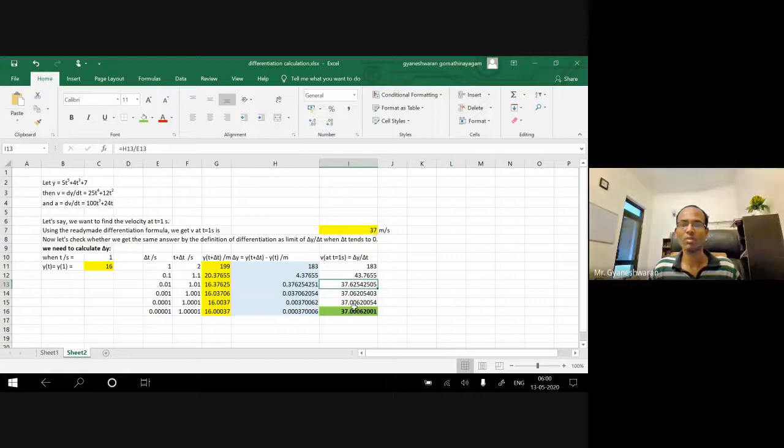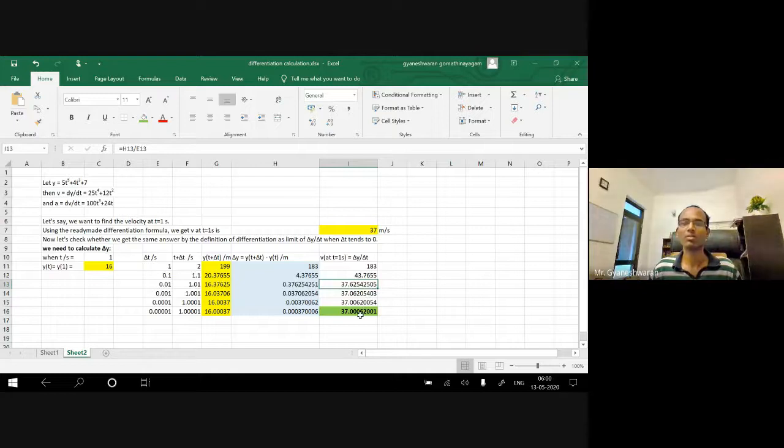It improves by one order of magnitude, a power of 10, every time. So if delta t approaches 10 to the power minus 30, this will also be 37, followed by some 30 zeros and then some 1 or 2 or whatever.